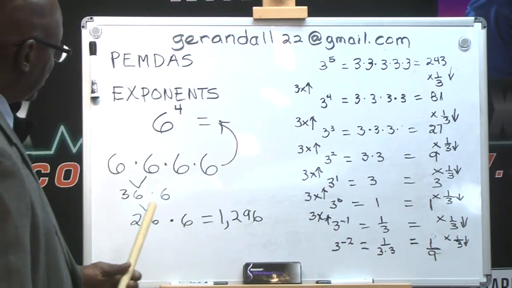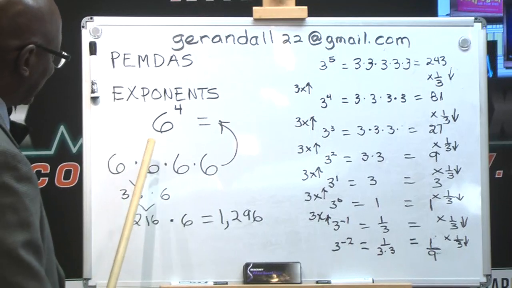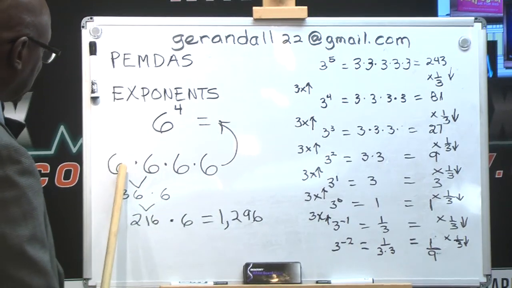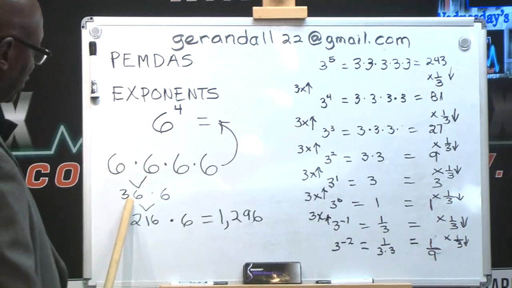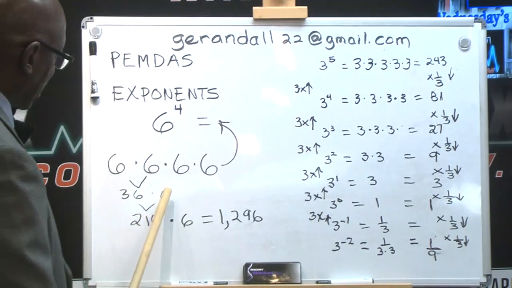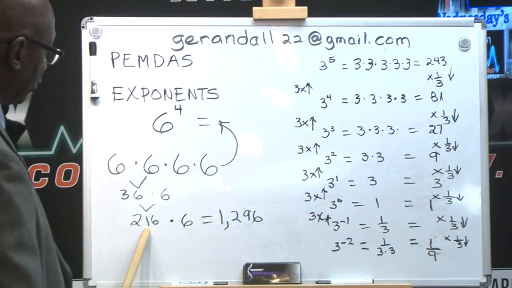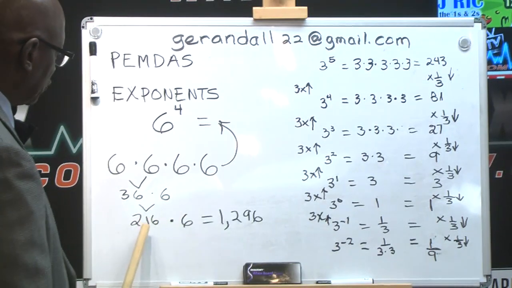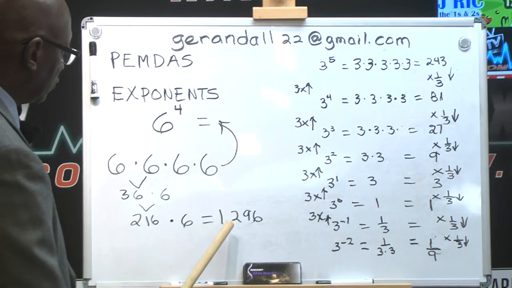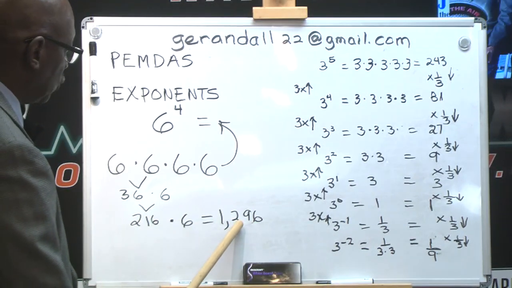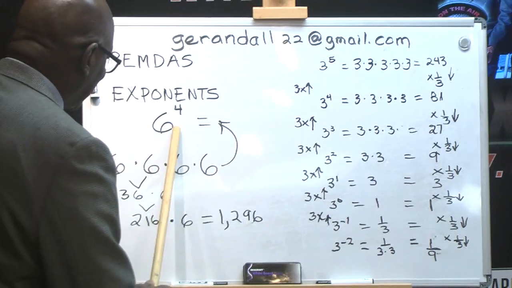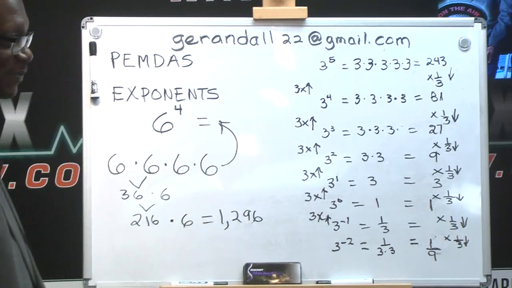And what that means is we're going to multiply: 6 times 6, which equals 36. 36 times 6, which equals 216. And 6 times 216, which equals 1,296. That is 6 to the 4th power.